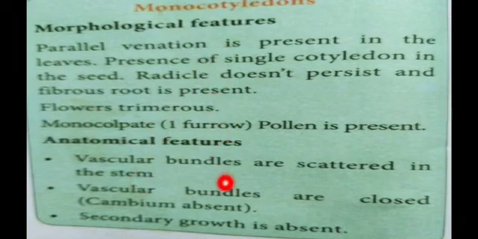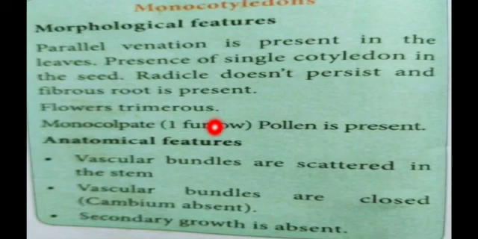Then in the current angiosperm phylogenetic group system of classification, dicots are recognized as a monophyletic group. But plants are traditionally classified, dicots as magnoliids and eudicots.